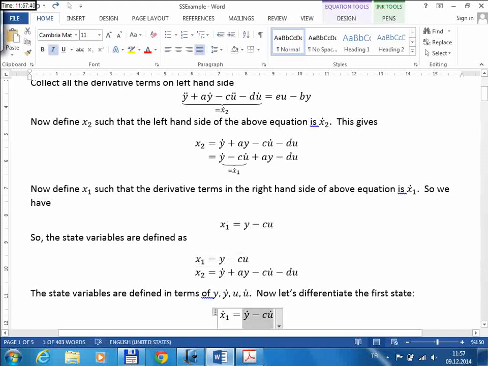Okay, but if I go back here, this is y dot minus cu dot. So I need to make this a state equation, right? So that means the right hand side should include x1, x2, and u only. There should be no other terms. And that equation is obtained from here actually. So I write y dot minus cu dot as x2 minus this part.